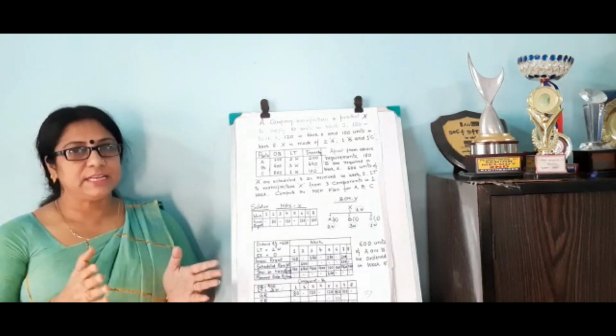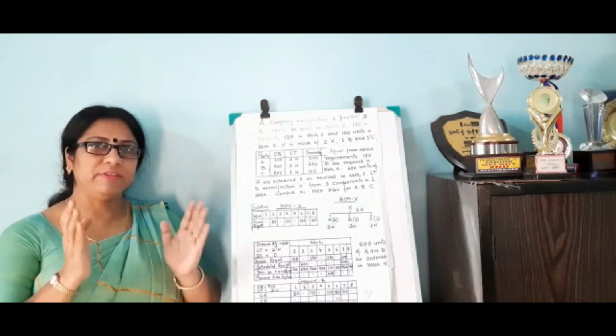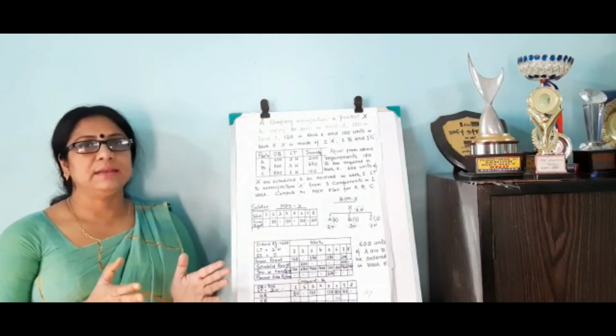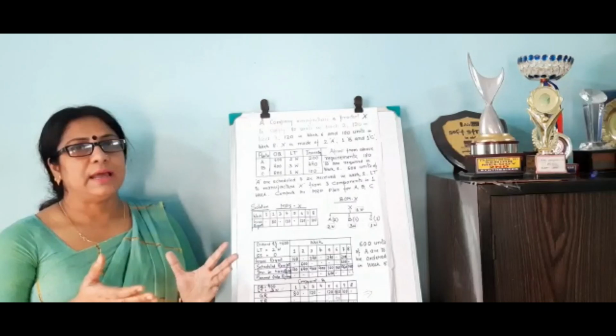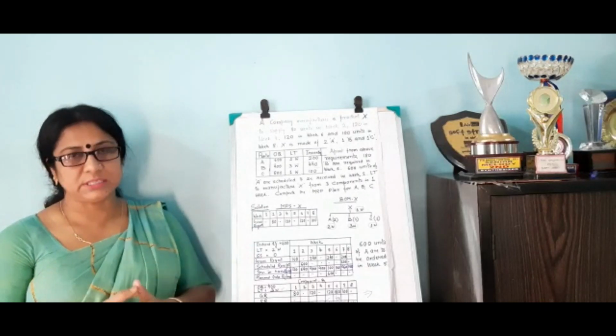We feed the inputs for MRP, that is MPS, bill of material and inventory status file. All these inputs are fed into the computer, and the MRP package or the software does the computation and gives us the output, that is the plan order release.